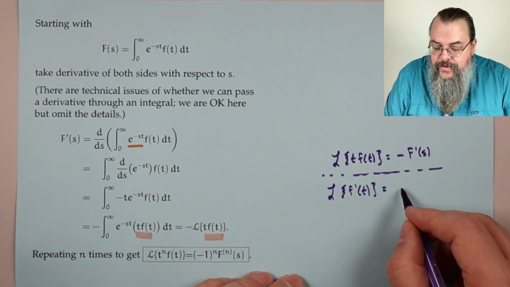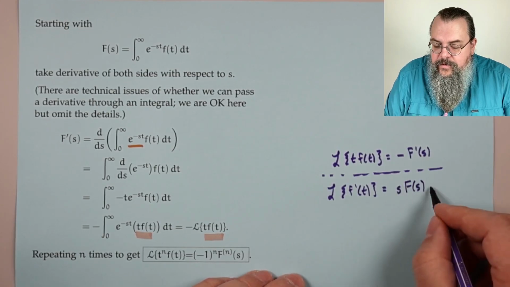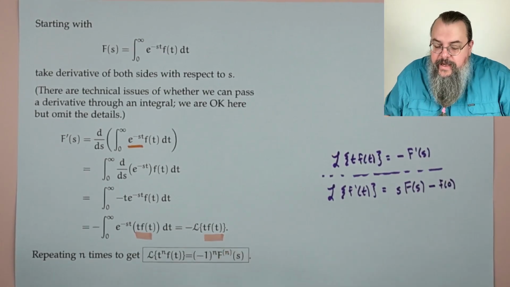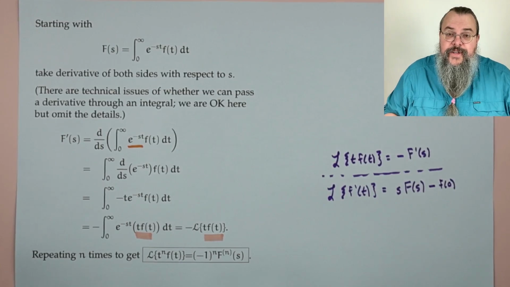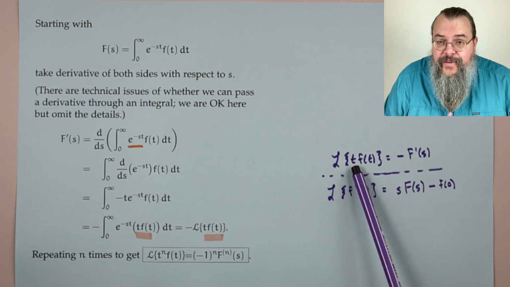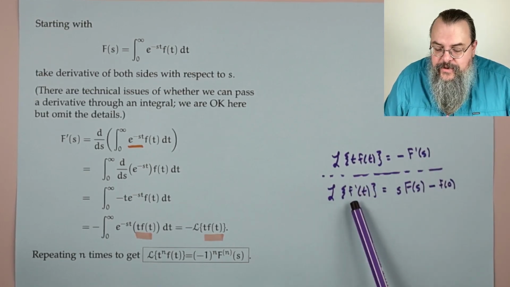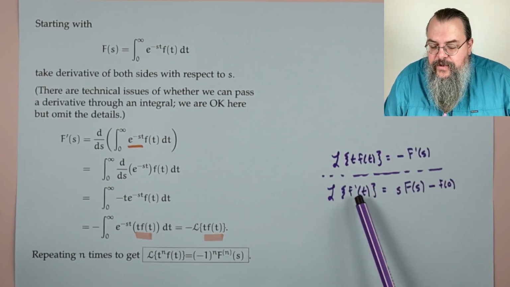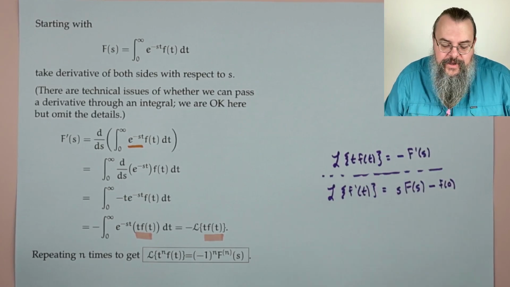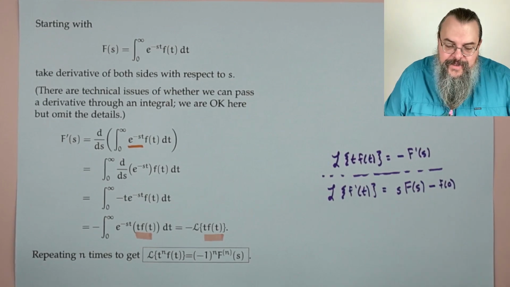That was equal to s F of s minus little f at 0. Now, I love the fact that there's this beautiful symmetry here, right? When we multiplied by a t before we took a Laplace transform, it ended up becoming a derivative. Here, if you took a derivative before you do the Laplace transform, you end up multiplying by an s. So there are these beautiful things that go along. In fact, most of the rules have this wonderful symmetry attached to them.